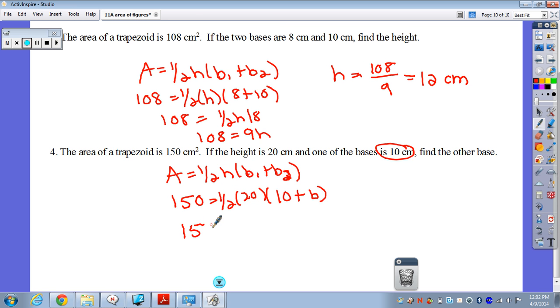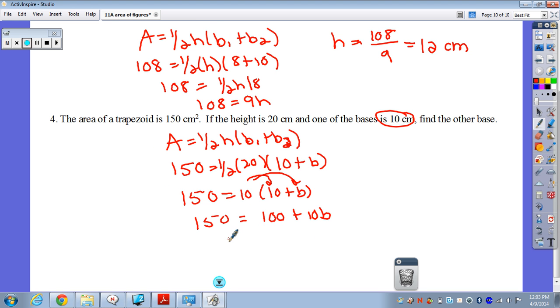So I have 150. I'm going to do 1/2 of 20, which is 10, and then I still have parentheses of 10 plus b. So then we have to distribute. So I get 150 is equal to 100 plus 10b, and now we just solve it. So we subtract 100 and get 50, and then divide by 10, so b is 5.